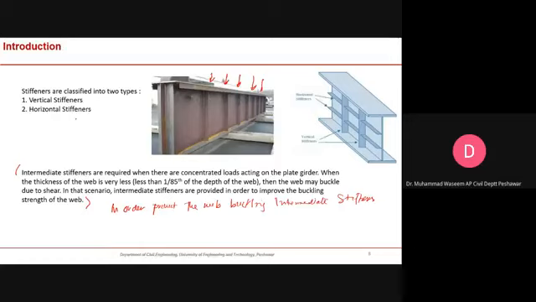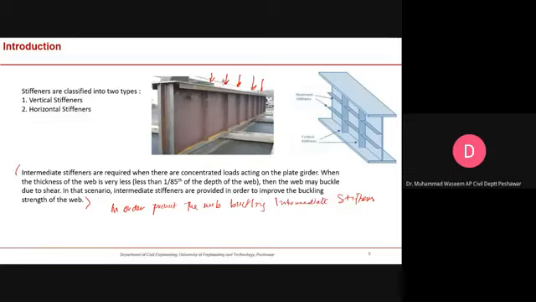So the thing is that there is a web, there is a flange, and there are stiffeners, and stiffeners are vertical stiffeners and horizontal stiffeners. The vertical stiffeners are of two types. We have these end stiffeners, and we have these intermediate stiffeners. The end stiffeners are also called the bearing stiffeners.